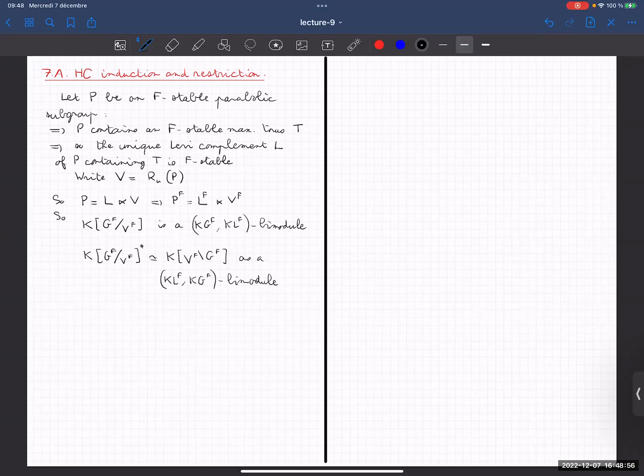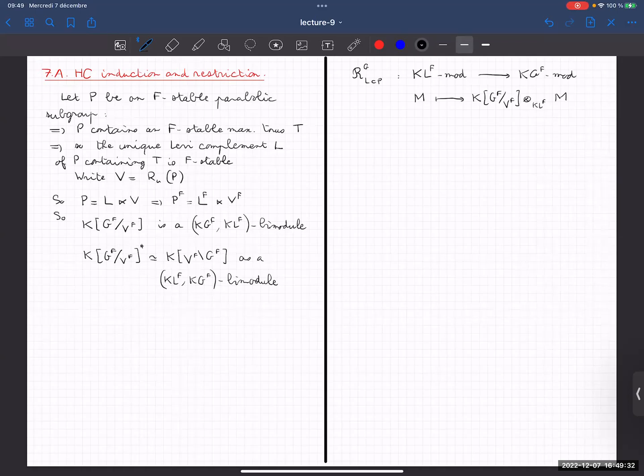So we can define R_L⊂P^G, from the category of L^F-modules to the category of G^F-modules. It sends a module to its tensor product with this bimodule over KL^F.